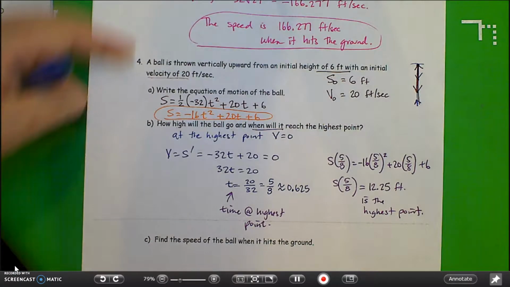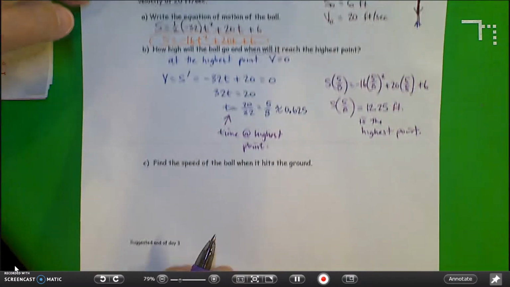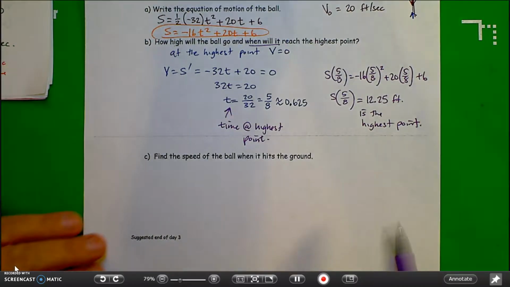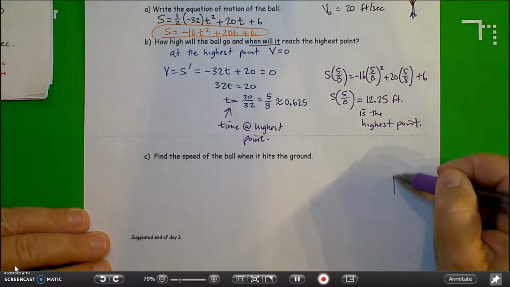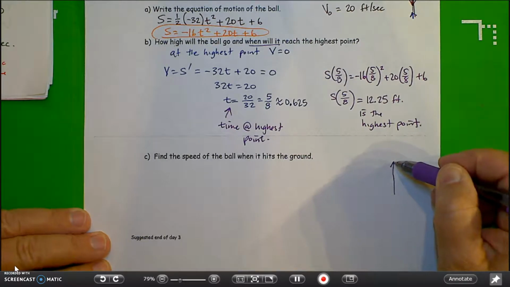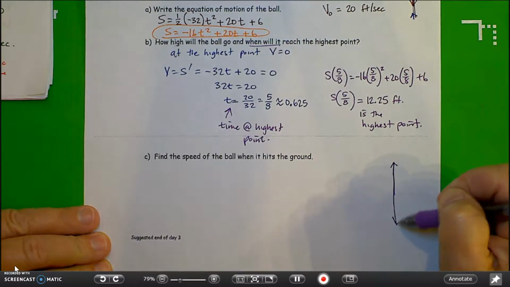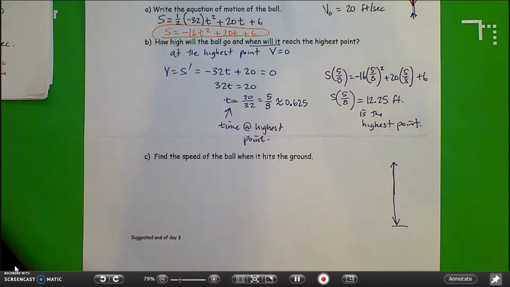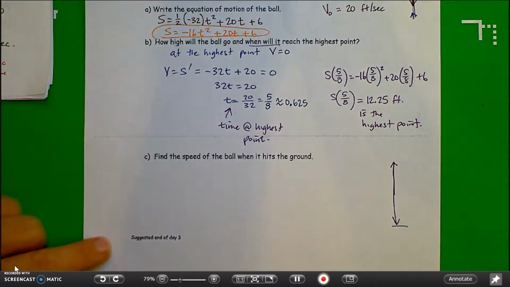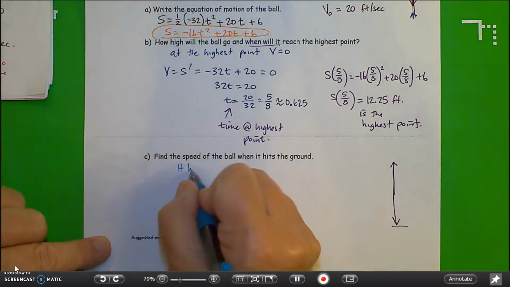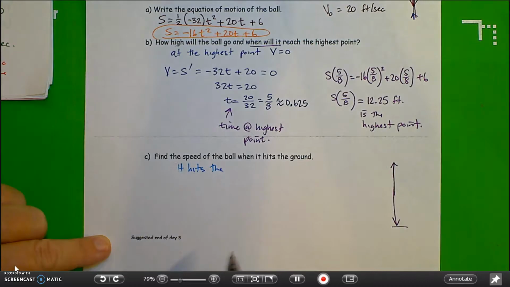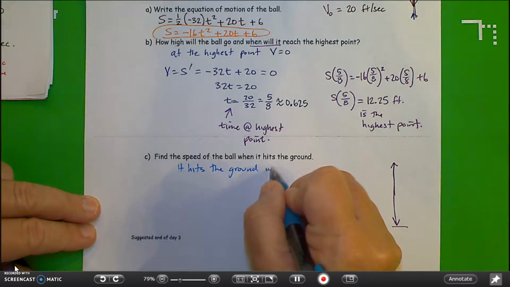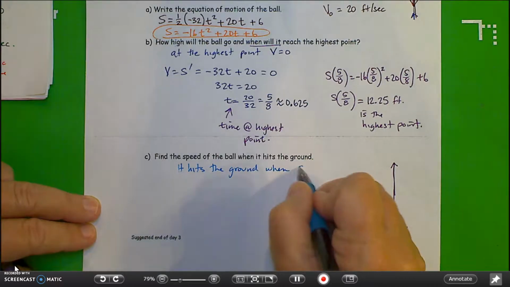Okay. The next question asks us to find the speed of the ball when it hits the ground. So it's going to first go in the upward direction, stop and come back down, and eventually hit the ground. So it hits the ground when the height is at 0. So we'll say it hits the ground when s equals 0.